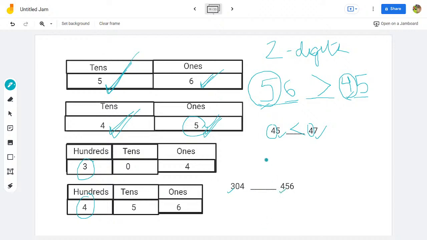So हमें 3 and 4 को compare करना है, and we have to decide which number is bigger. So here we have 300, here we have 400, which basically means 400 is more than 300. So we would put this less than sign, because 304 is less than 456, so we would use the less than sign.